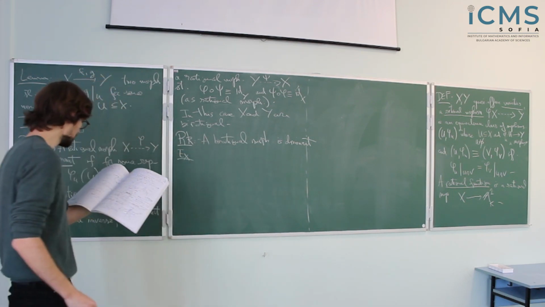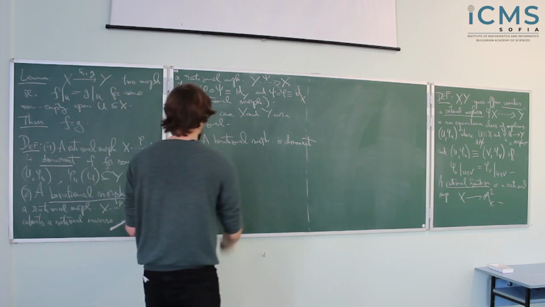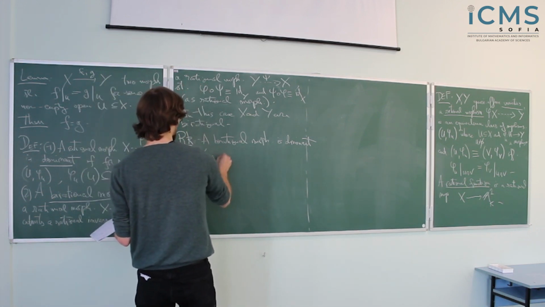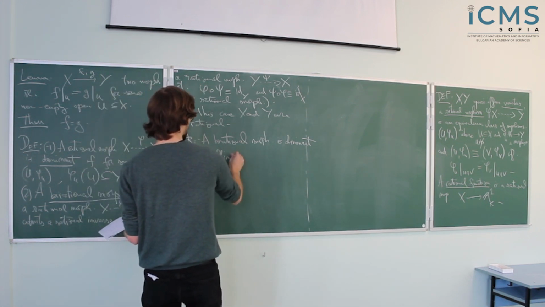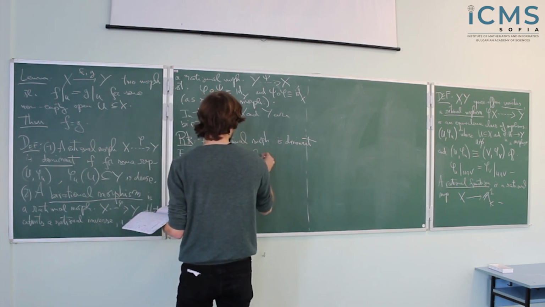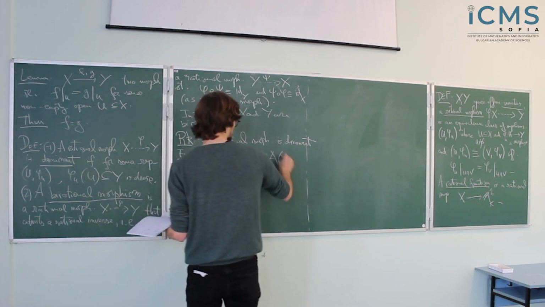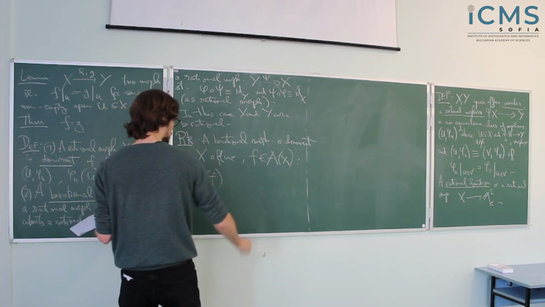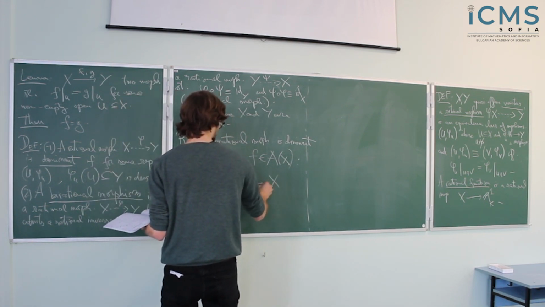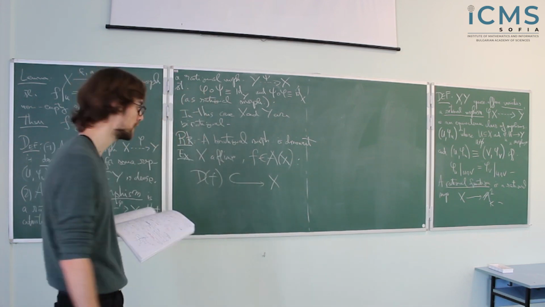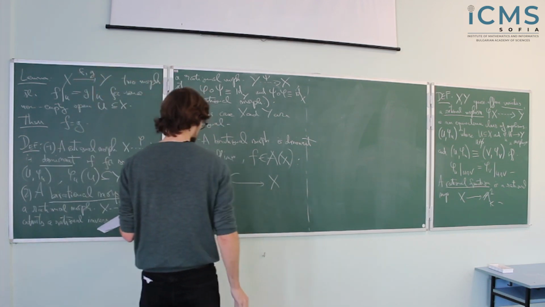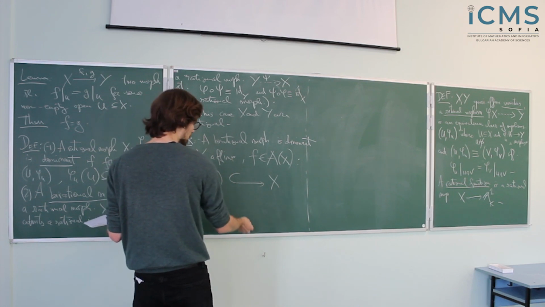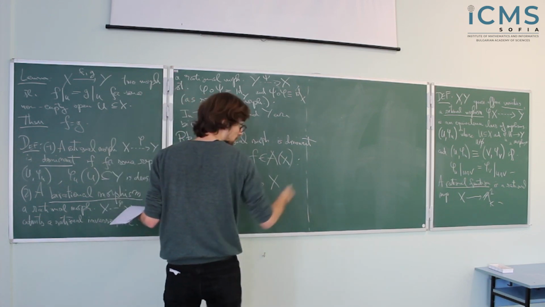Okay, but let's have some quick examples. So if I take x, which is affine, and f, which is inside of A and x, then I have the principal open, I have x itself, and the classic inclusion. So if I consider this canonical inclusion, it is rational.